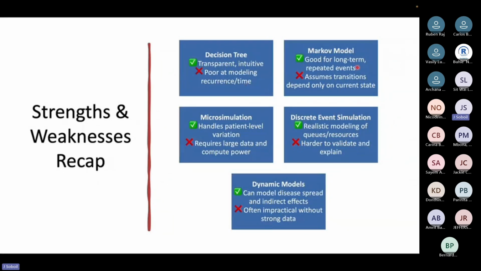And then a Markov model is really good for modeling long-term repeated events, but it assumes the transitions between states are only dependent on the current and previous state. Again, there are strategies to overcome this, but that is also really dependent on your modeling software.